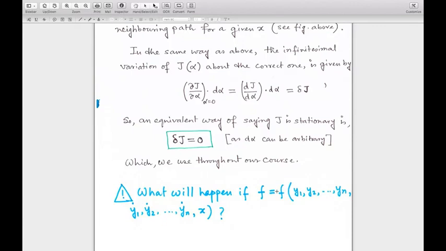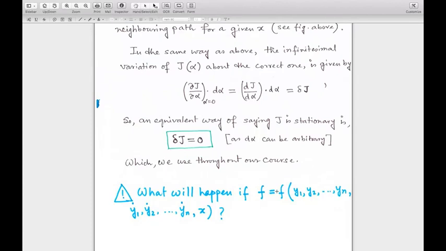So J is a function of functions. y is a function of x, and J is a function of y, so it is a function of x.